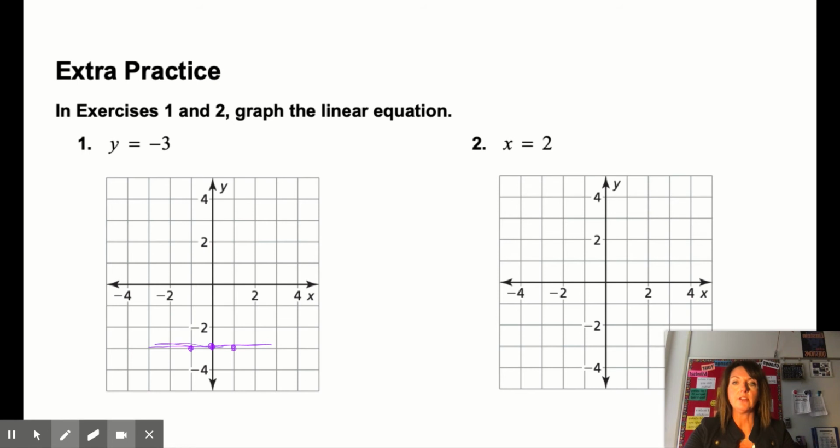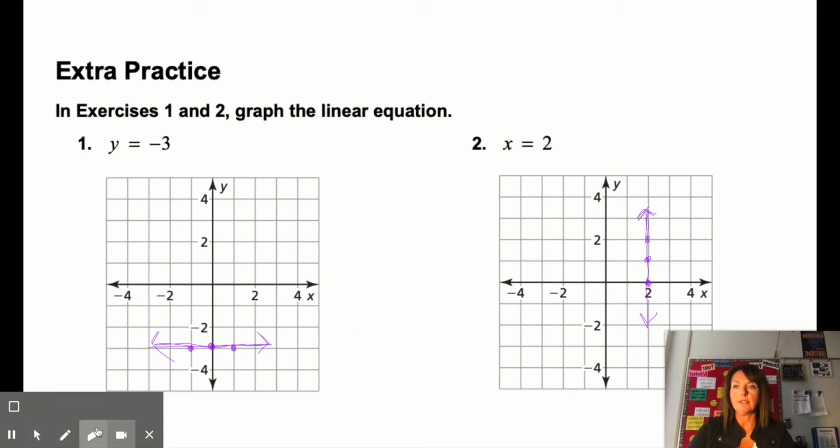I cannot draw a straight line to save my life, but you can, because you can use a straight edge. All right, x is equal to 2. From the origin, go to x is equal to 2, and that's a point on your vertical line. This is a straight line. All values are equal to 2, no matter what the y is. This is a vertical line. So this should be pretty easy for you.